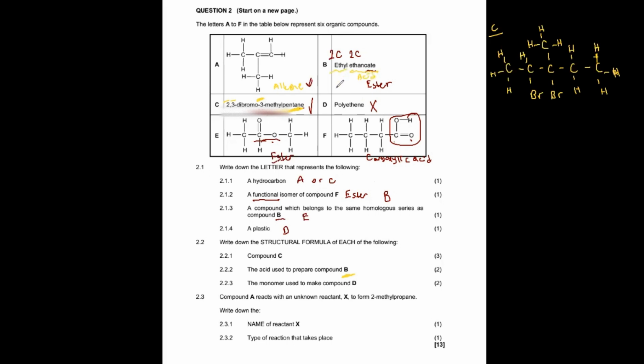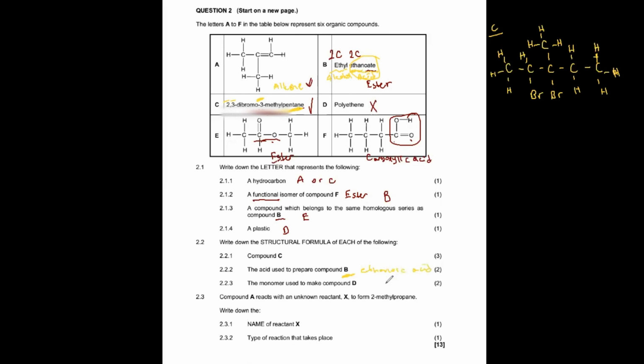That part of the side chain comes from the alcohol. So to form ethanoate, we need a carboxylic acid, and this carboxylic acid must have 2 carbon atoms as it is ethanoate. So the carboxylic acid with 2 carbon atoms must be ethanoic acid.